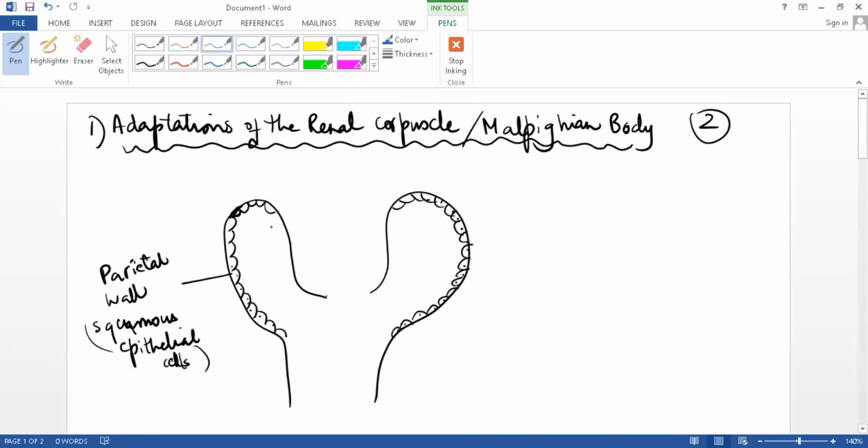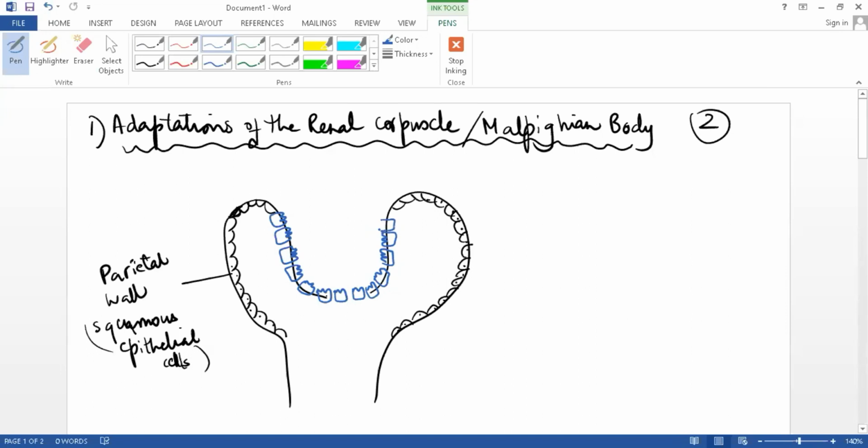the glomerulus, it is called the visceral wall, and it is made up of a special type of cells having slits in between and having finger-like projections. That's why they are called podocytes.